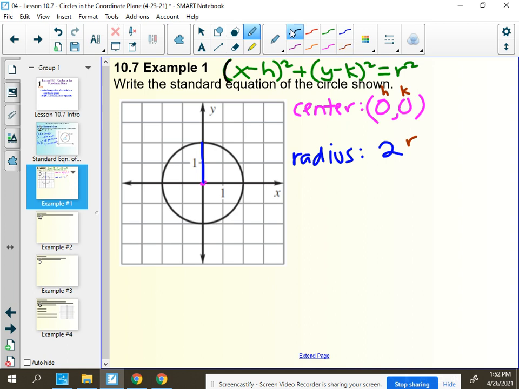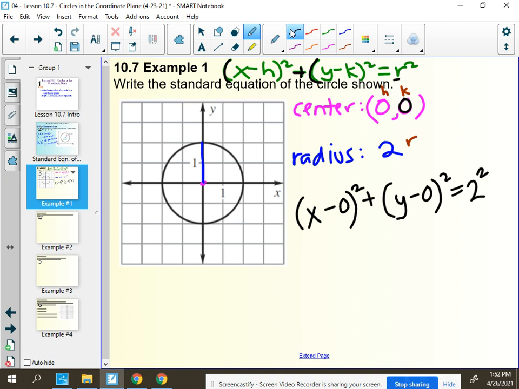Parenthesis x minus, all right, what's our h? 0. Quantity squared plus, I'm just flying down the line here. Parenthesis y minus, all right, our k value is 0. So 0 squared equals my radius squared. So that's just a step where I've put everything where it goes.